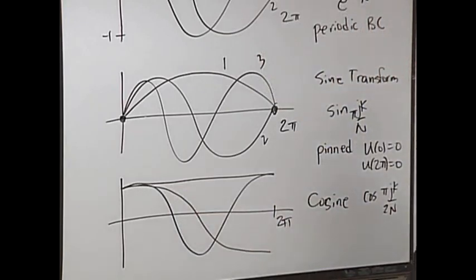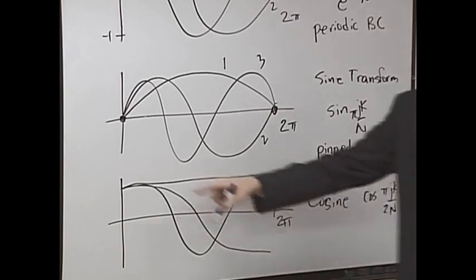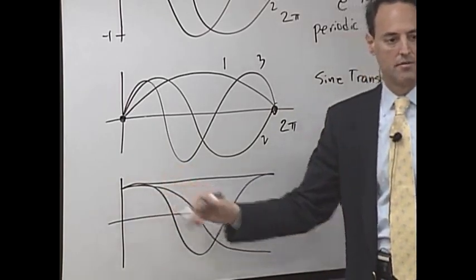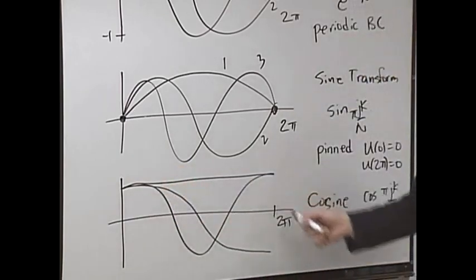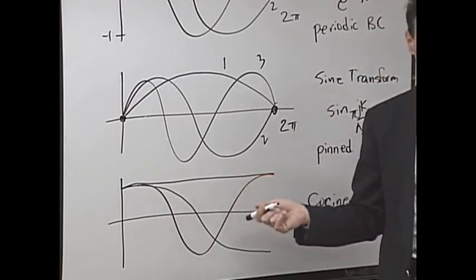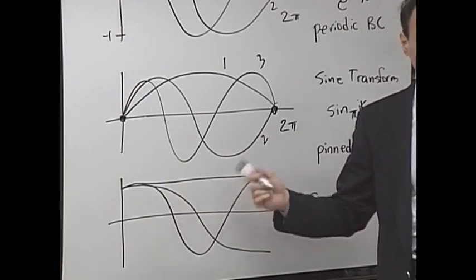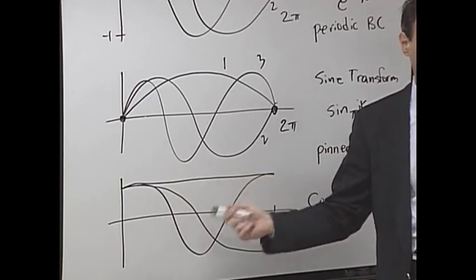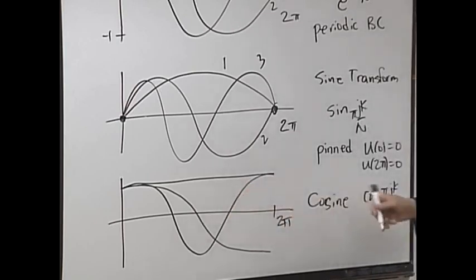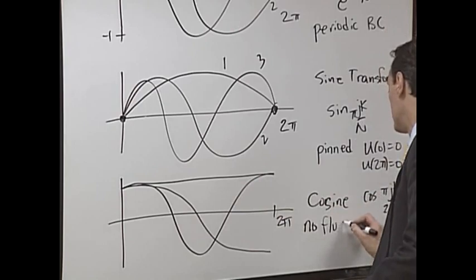What are the boundary conditions now? Certainly, you go from 1 to minus 1 on this side, or it could be 1 to minus 1 on this side if you flip it. But at the boundaries, what are the derivatives? If you take the derivative of cosine, you get a sine, so at the boundaries, the derivative is 0. That's what a cosine will give you. It will give you what's called no flux boundaries.